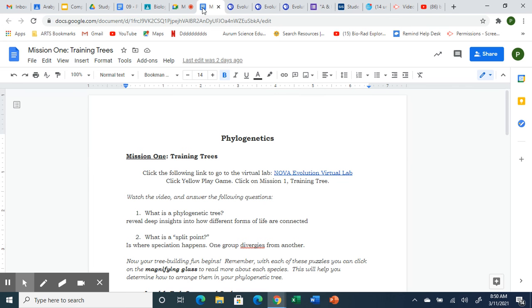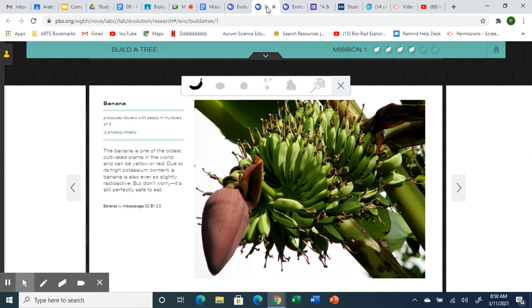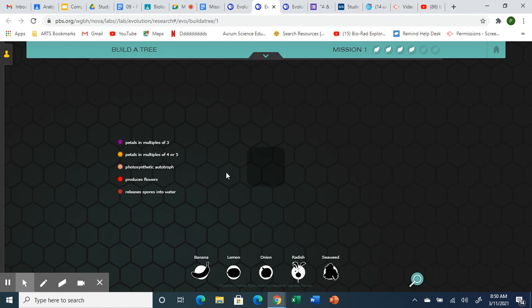So let us build. All right, so I would say seaweed started it all because life came out of the ocean, right? So let's put the seaweed up here.